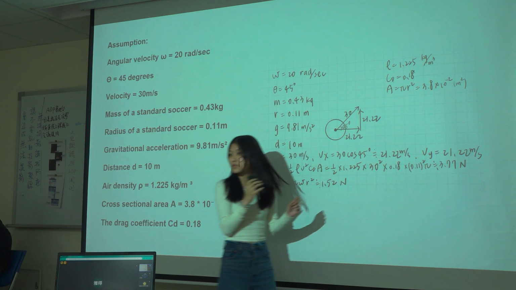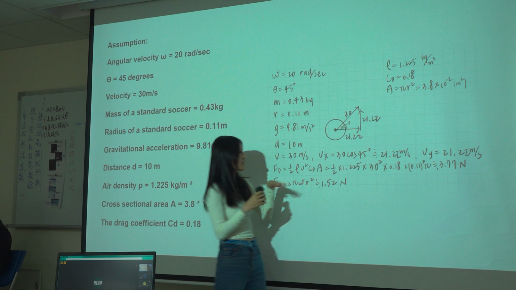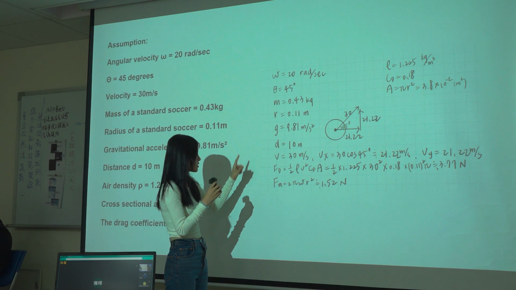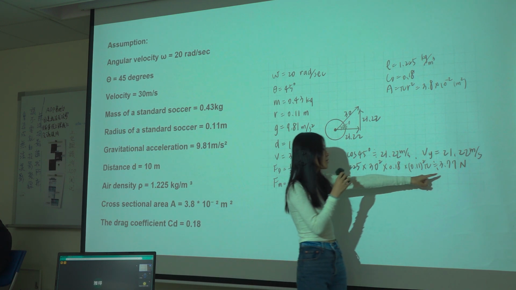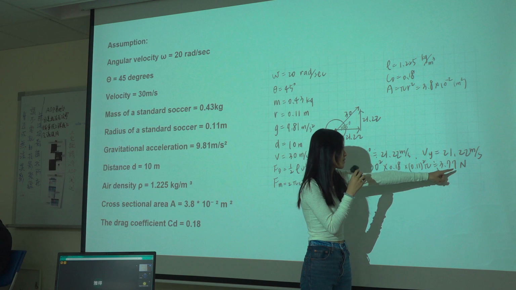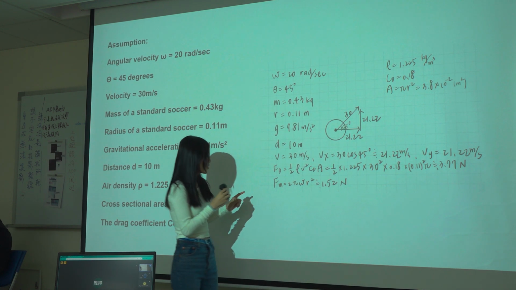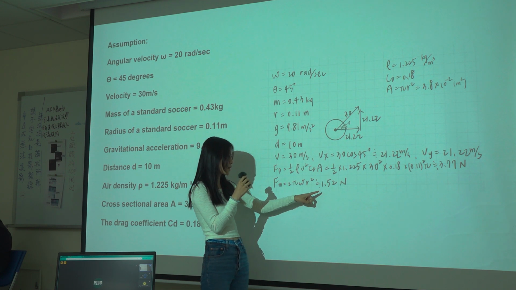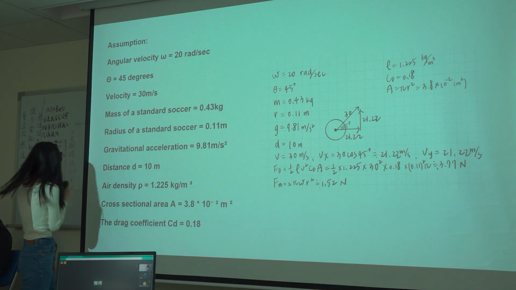What is 21? The speed of the ball on the x-axis, yes. The drag force is equal to 3.77 newtons, and the force by the Magnus effect is 1.52 newtons.